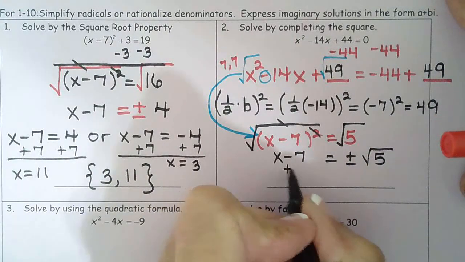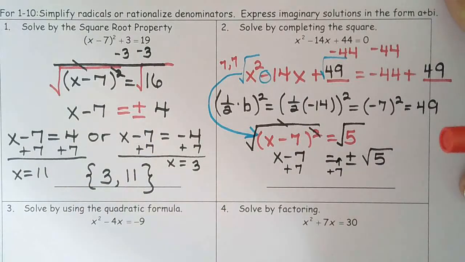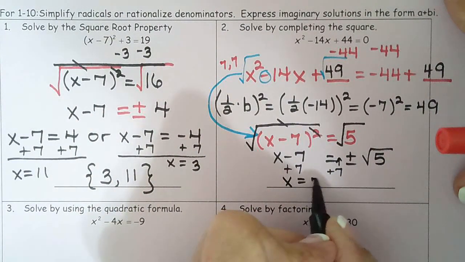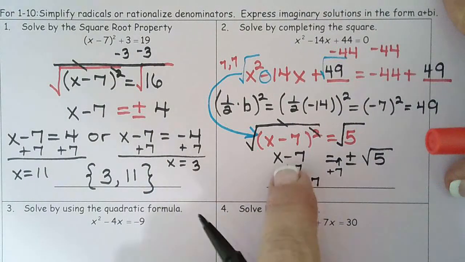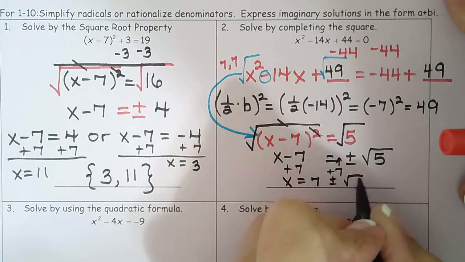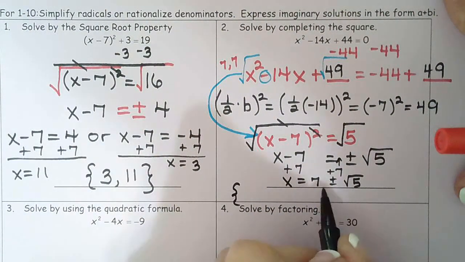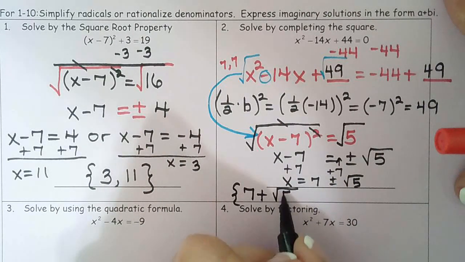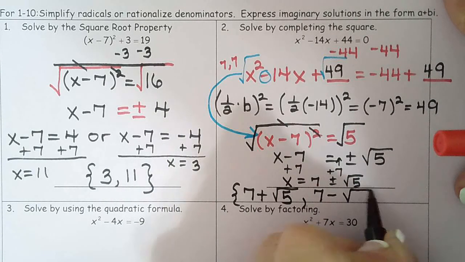So I showed you in the video in 7.1 just to add 7 and just stick it right there. So that makes x equals positive 7, and don't forget to change the sign. If you cross the equal sign, you have to do the opposite, and it's plus or minus radical 5. So when I go to write my two solutions, the first one is 7 plus radical 5, which I can't add them together. They're not like terms. And the second solution will be 7 minus radical 5.